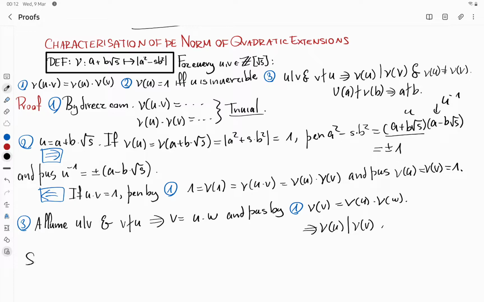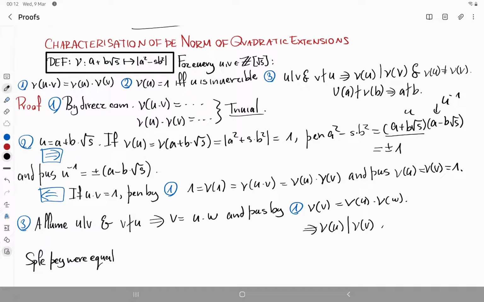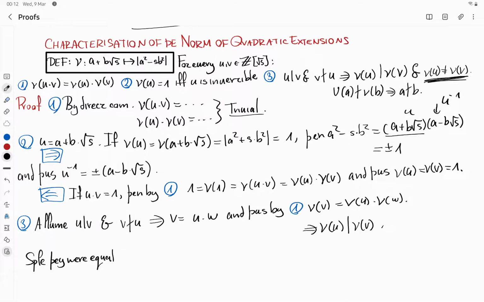Suppose they were equal. Right, we are trying to show that they are not equal. So suppose for contradiction that they are. What then? In order for this equality to be preserved, then needfully nu of w is equal to 1.